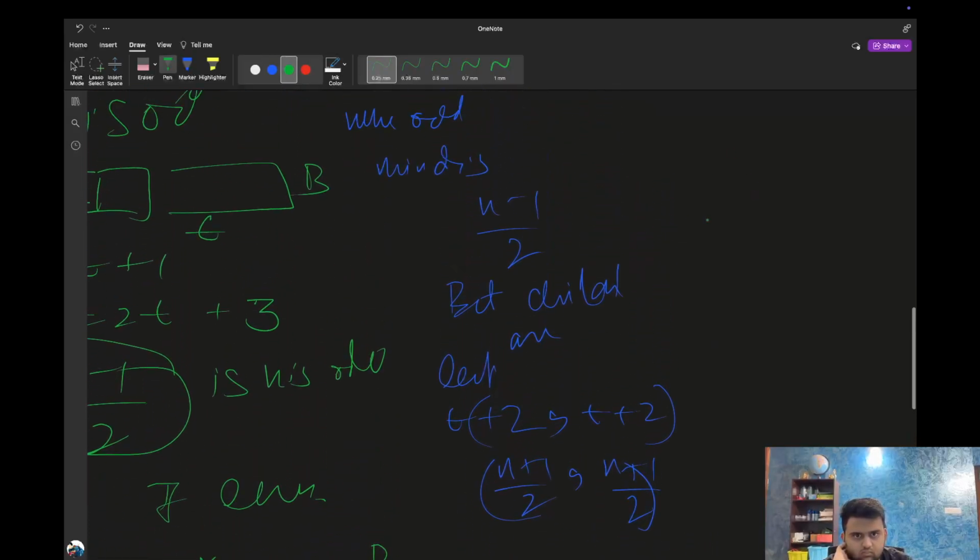So to summarize, odd: dist is (n minus 1) by 2. Child is (n plus 1) by 2, (n plus 1) by 2.